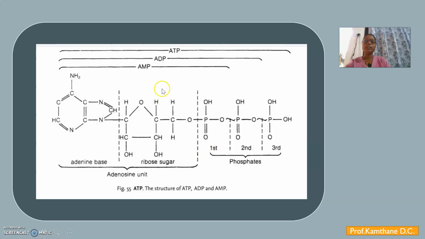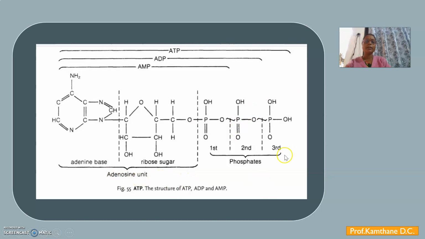Up to here, it forms the AMP structure, adenosine monophosphate, with one phosphate group attached to the ribose sugar and adenine base. AMP plus one more phosphate forms adenosine diphosphate, which has two phosphate groups, while ATP, adenosine triphosphate, has three phosphate groups attached to the adenosine unit.